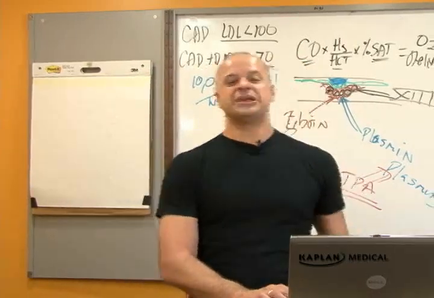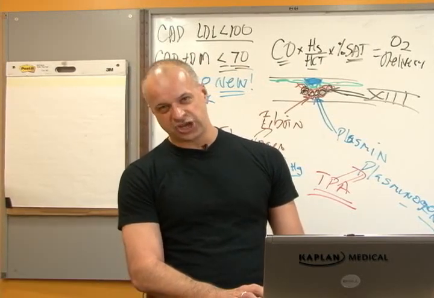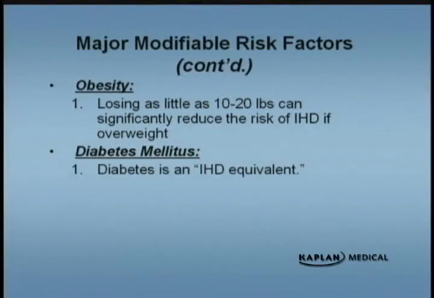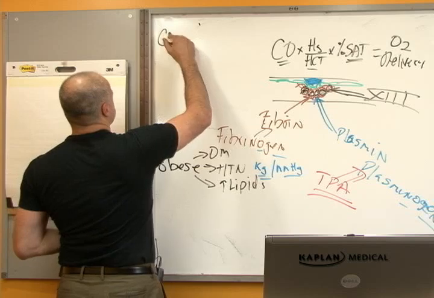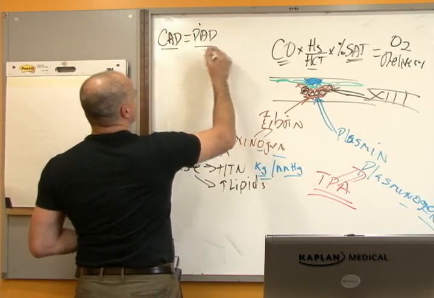25% of people can be kept off of insulin with diet and exercise. Diabetes, for LDL, is the equivalent of coronary arteries or ischemic heart disease. Diabetes is the equivalent from the point of view of LDL management. Coronary artery disease equals peripheral arterial disease.